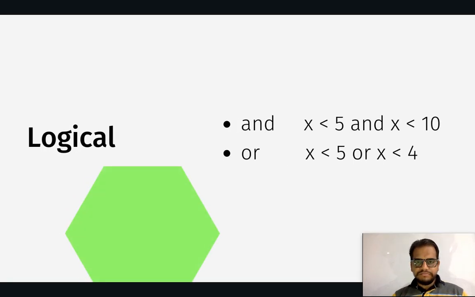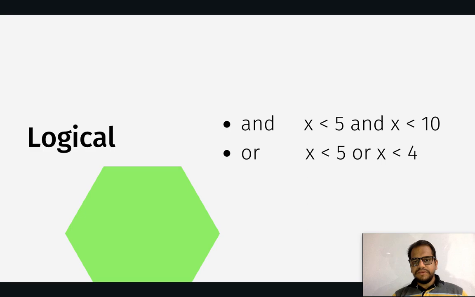Next, logical operators like or, and. In this case, x less than 5 and x less than 10. This condition will be true, as mentioned here for the logical operators. That's why and, or. In the second case, x less than 5 or x less than 4.